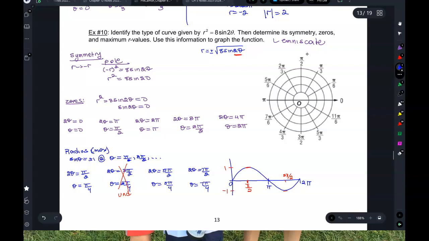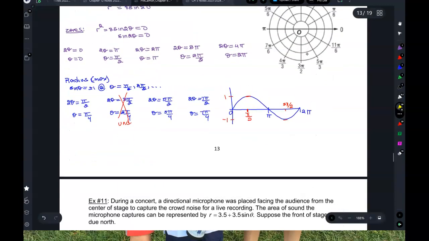So my function was r squared equals this, right? So is everybody okay with solving for r and getting that? Okay. So why don't we take the first point here, pi over 4, and see what r equals. r would be plus or minus the square root of 8 sine 2 theta.